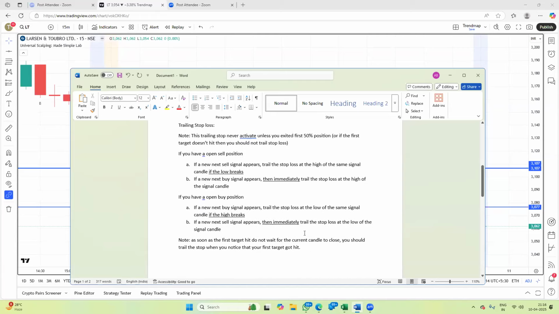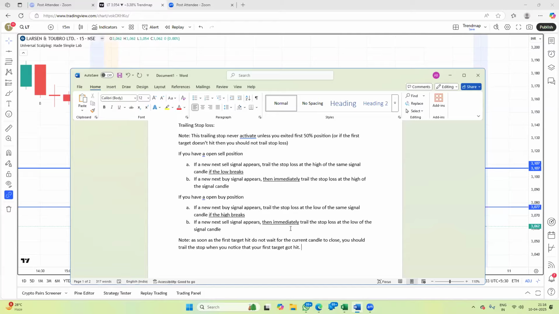Yes, sir. Try to understand the philosophy behind these two types of trading style. In 1C, we want our trade to get maximum room to play.